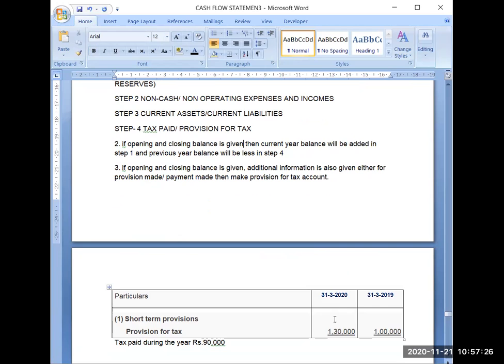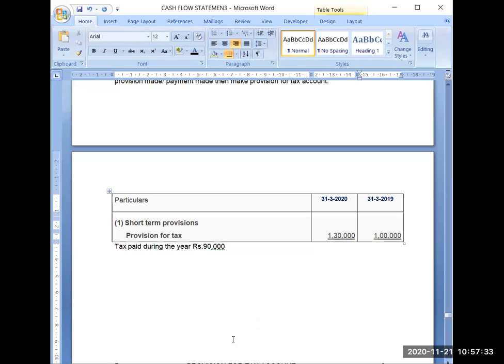Then you will be having one current year balance and you will be having one previous year balance. Like you can see this one right now. Don't use this information. Just think that only this working note is given, or you can say this balance sheet is given. You have been given only two balances. One is opening balance and one is closing balance.